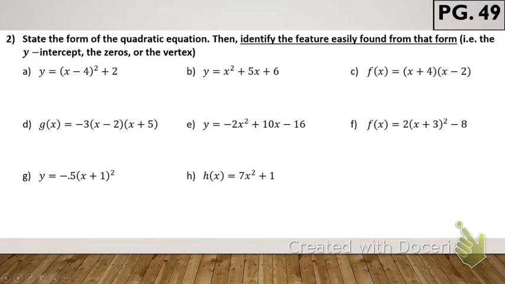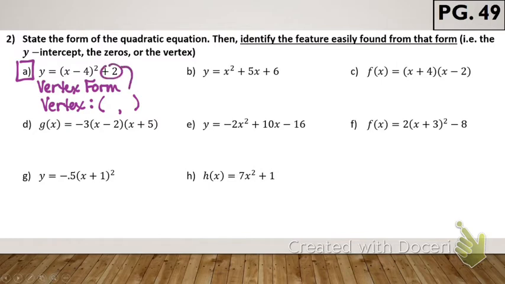On A, this is the first one I'm looking at. Vertex form, yes. What can I identify from vertex form? Maximum or minimum, my vertex. So I actually want to name that ordered pair. I know the second number is going to be a 2 because I see that right here.